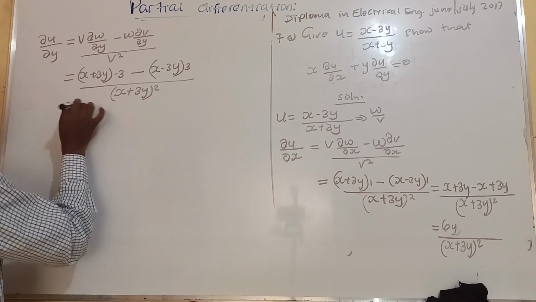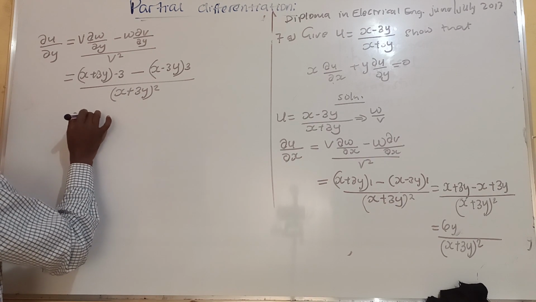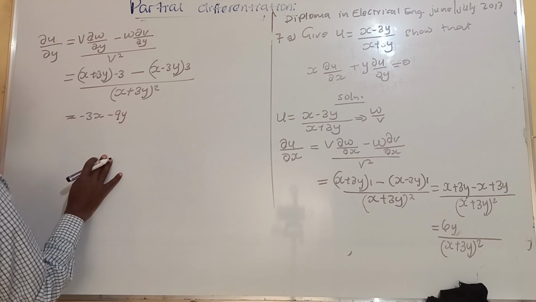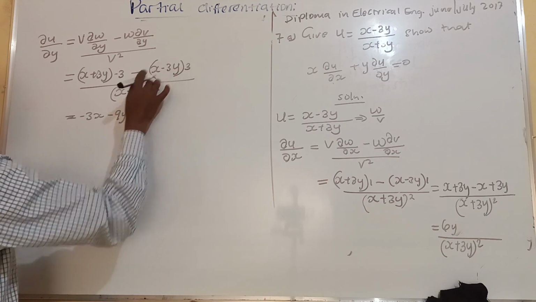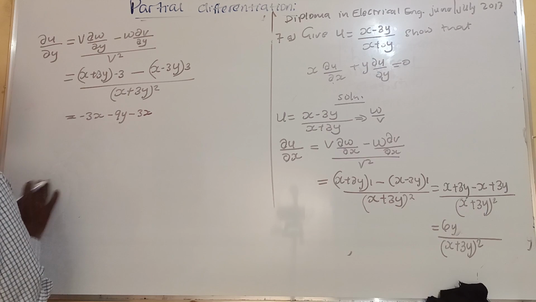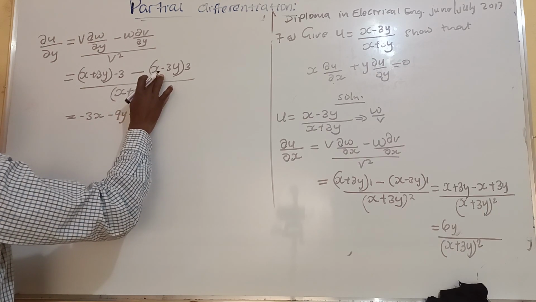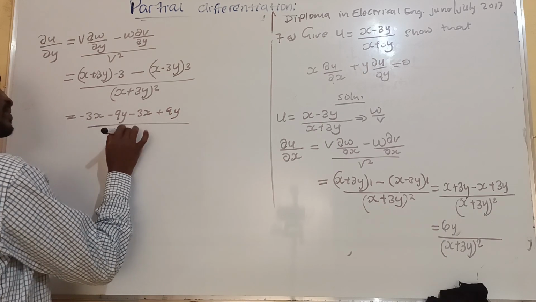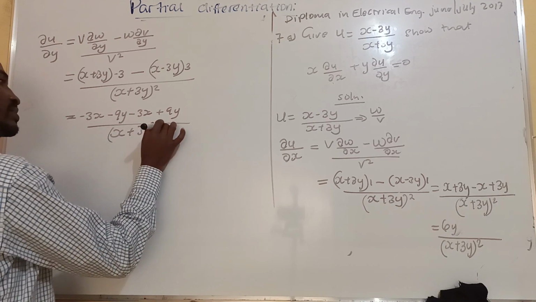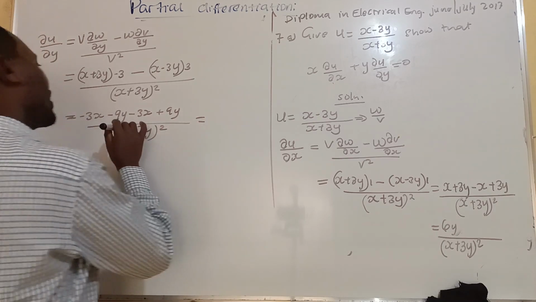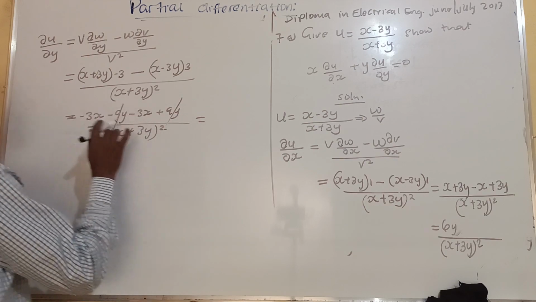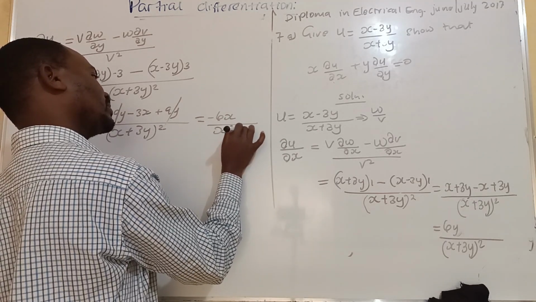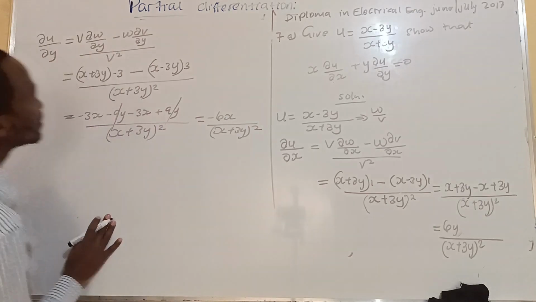So open the bracket and simplify: negative 3x minus 9y. Then this negative, you open it and multiply by 3, positive 9y, all over x plus 3y squared. Now it becomes negative 6x over x plus 3y squared.